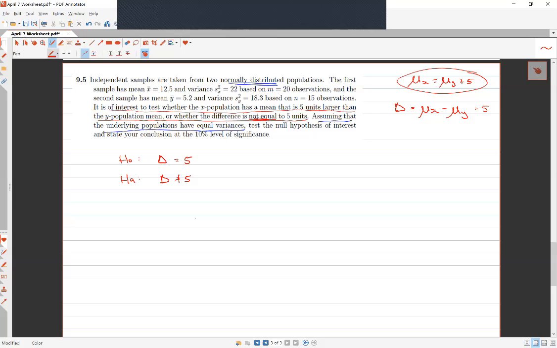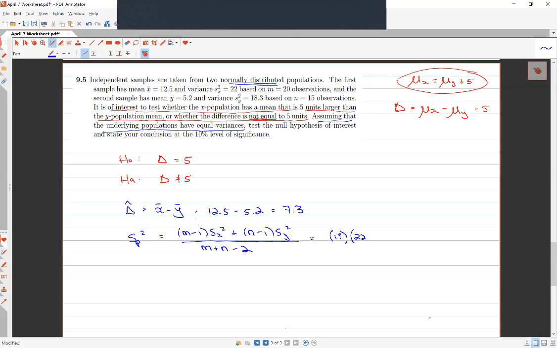Next thing we want to do is calculate our test statistic, but we need two things to do that. Firstly, we need to know what the observed difference is, which in this case is 7.3 units. And we also need our pooled estimate of variance, which in this case is 20.43.